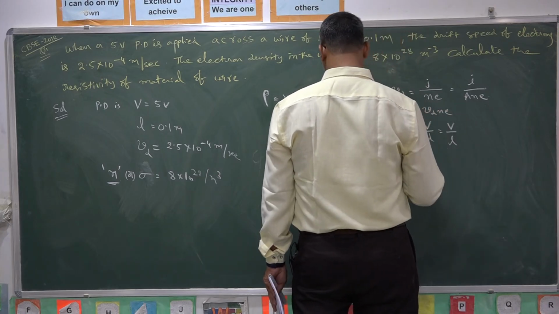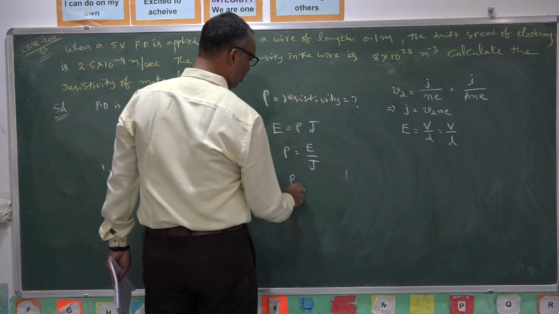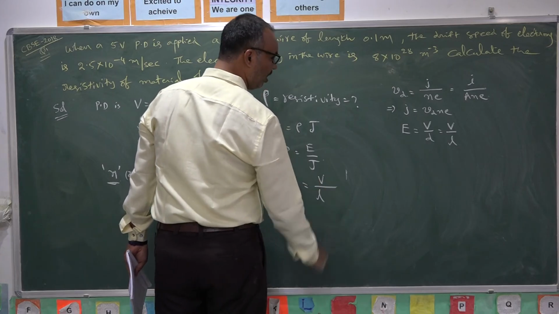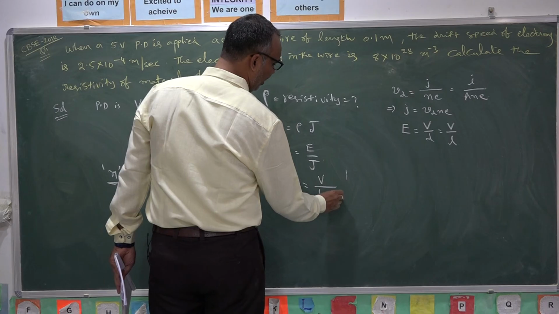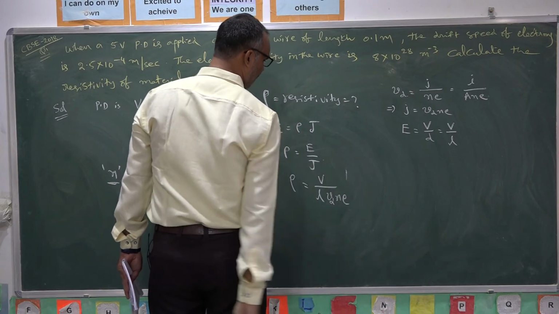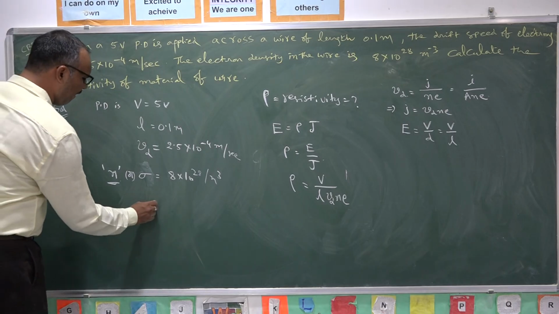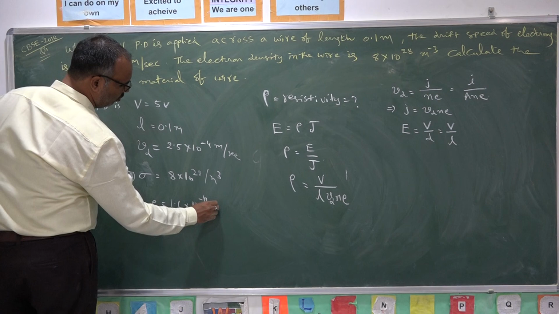From here you can write E is equal to V by L. So resistivity is given by, in the place of E I can write V by L, in the place of J I can write Vd Ne. Here e means charge on each carrier, 1.6 into 10 power minus 19 coulombs.